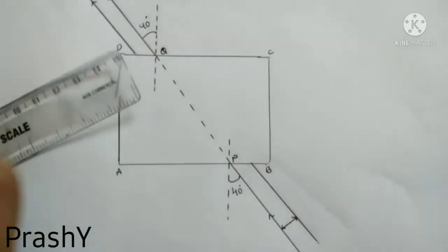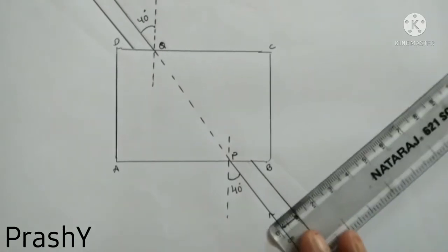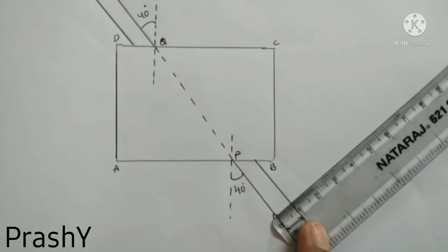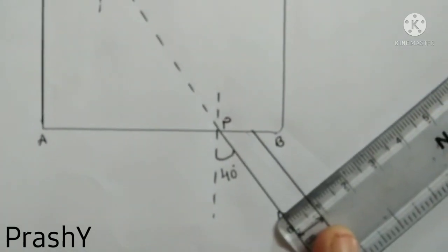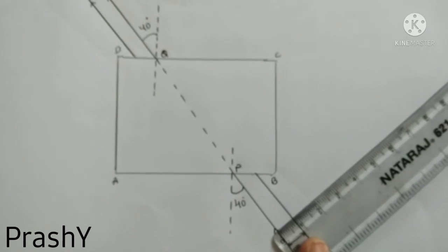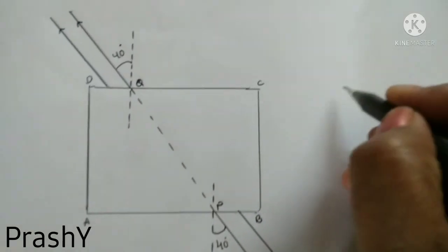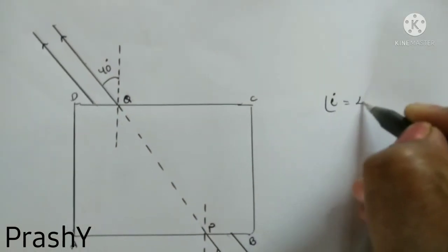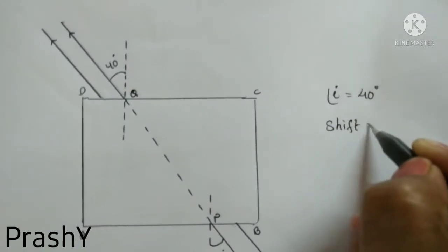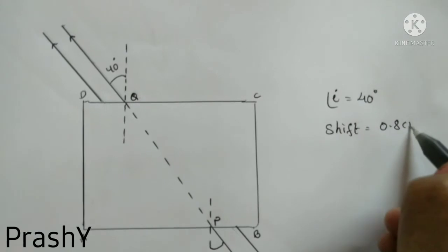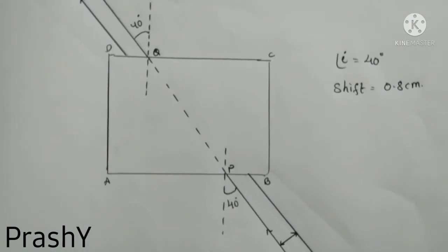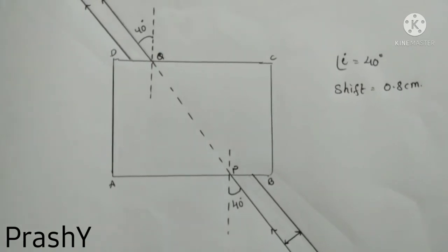Let us measure this lateral shift. It is exactly 0.8 centimeters. So for an angle of incidence of 40 degrees, we have got the shift to be 0.8 centimeters.